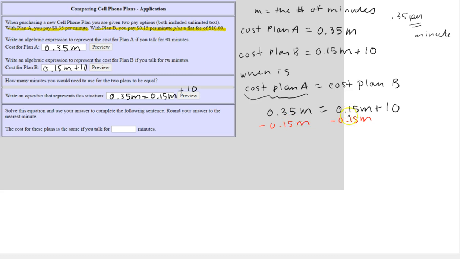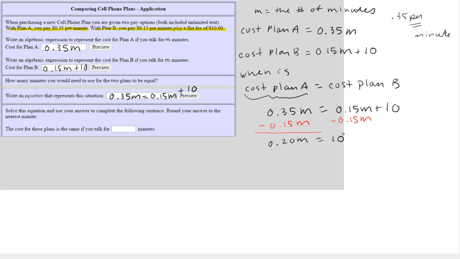Now it's going to cancel on this side, and we'll just have 0 plus 10, which is 10, and it'll be combined over here. But notice the sign is going to be the opposite over here because it's on the other side of the equation. So this will be 0.20m equals 10.